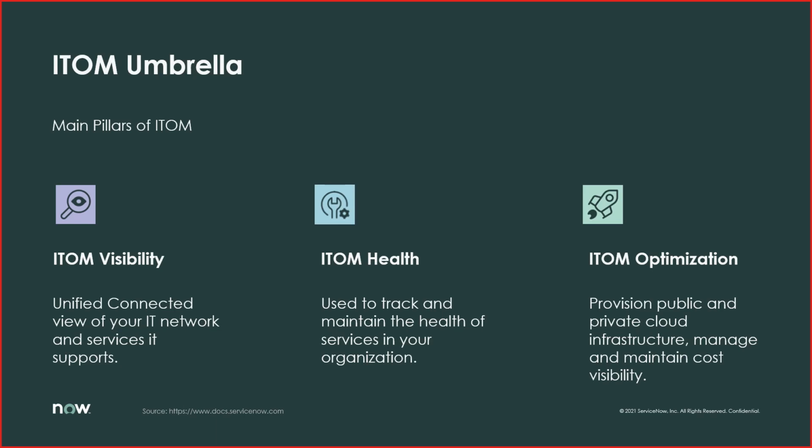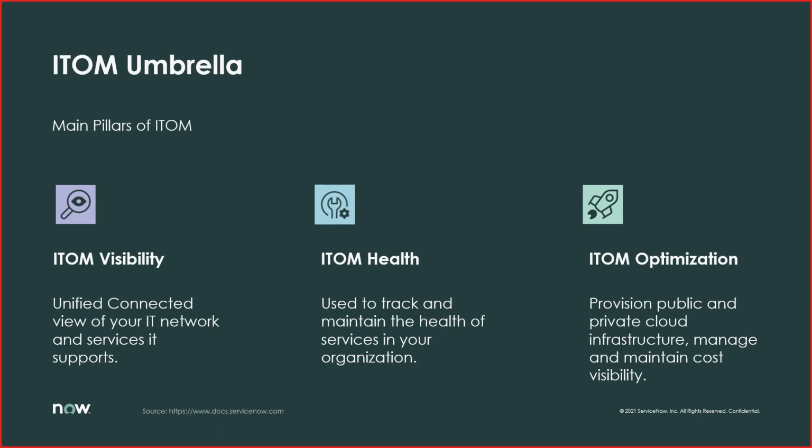So ITOM Visibility is discovery and service mapping, in which you just need to focus on discovering what you have. ITOM Health is, as the word suggests, event management and operational intelligence. And last but not the least is ITOM Optimization, which helps you in provisioning public and private cloud, gives you an insight into the cloud infrastructure and helps you keep a check on cloud expenses.